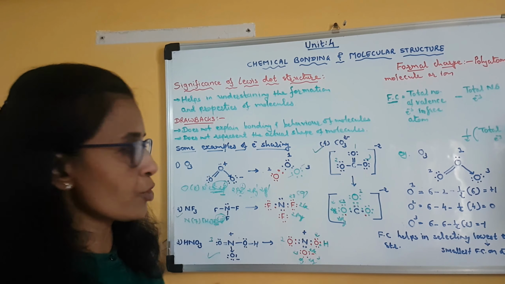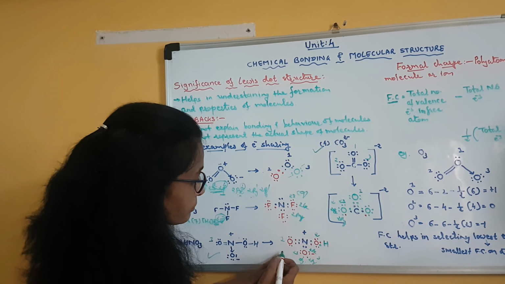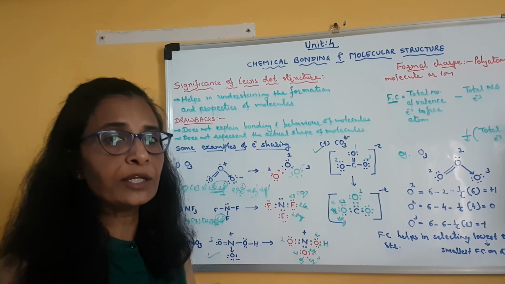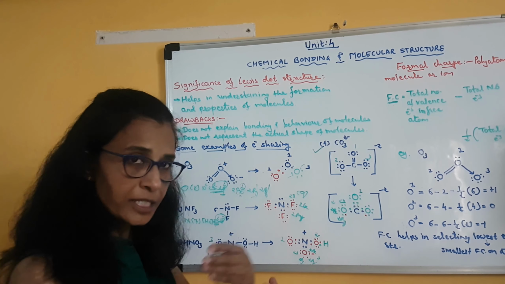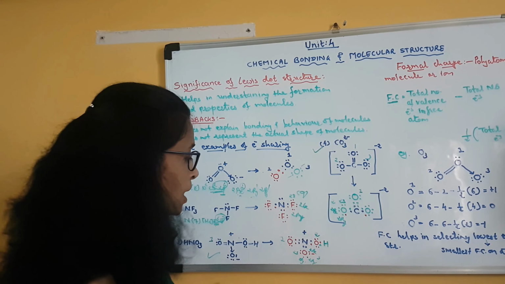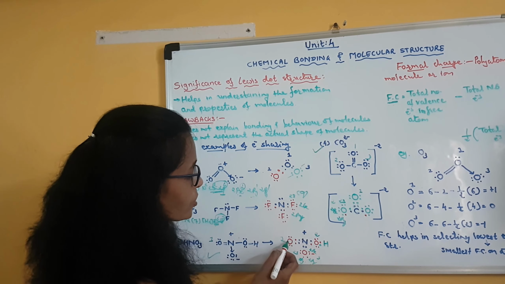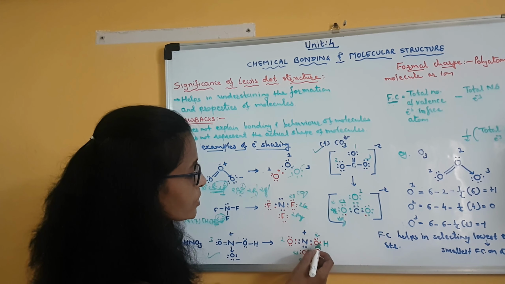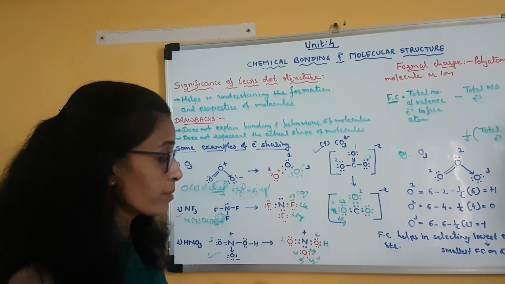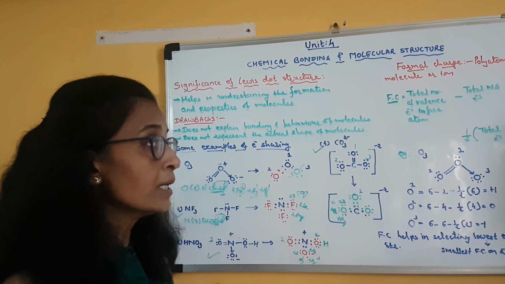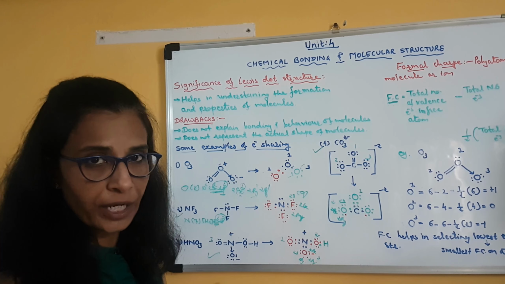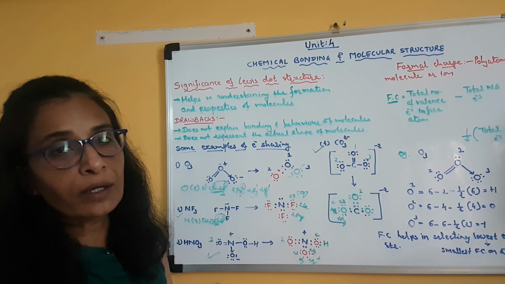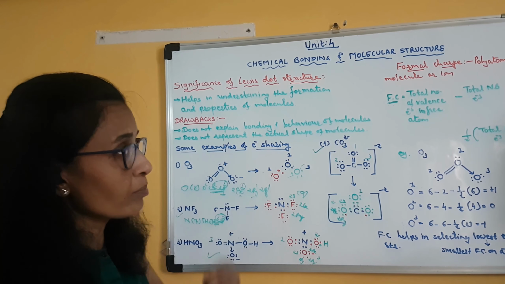total non-bonding electrons. For example, if we take HNO3, in HNO3 nitrogen is not having any non-bonding electron pair. All electrons it has utilized, all valence electrons are utilized. But if we see oxygen, then the first oxygen is having 2 lone pairs of electrons, the second oxygen is also having 2 lone pairs of electrons, meaning a total of 4 non-bonding electrons are possessed by the first and the second oxygen atom, and the third oxygen atom is having a total of 6 non-bonding electrons.